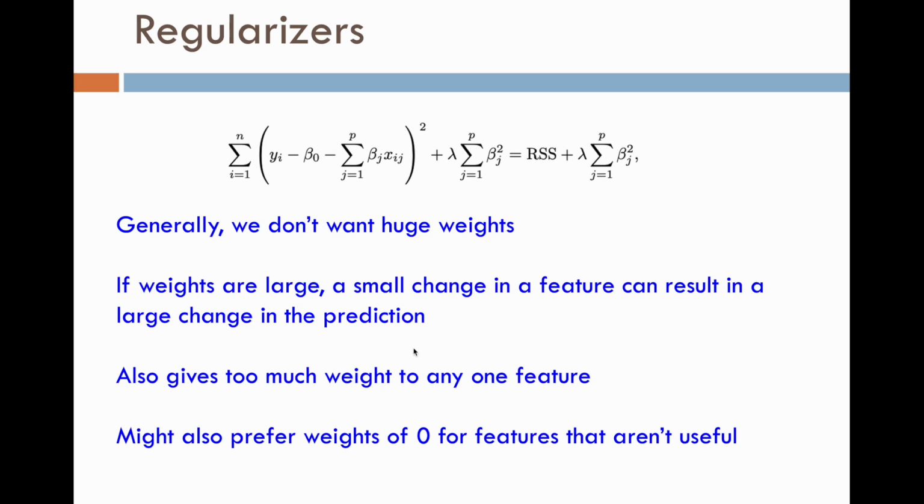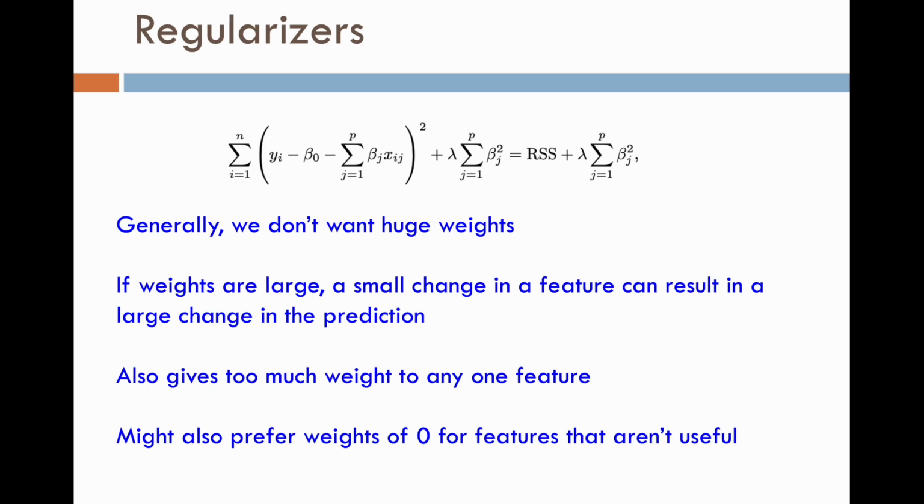Also, if a particular beta is very high, what will happen? Then it will outweigh all my other betas. In other words, one feature will outweigh all the other features. That's why regularization is important.